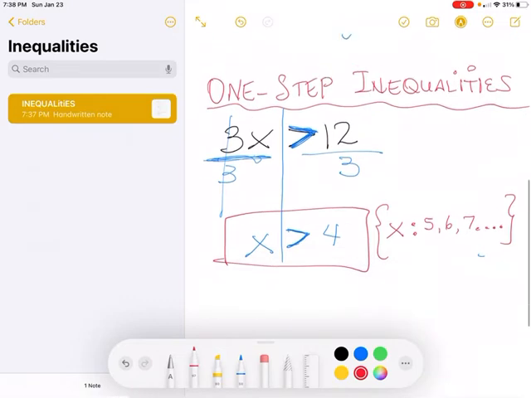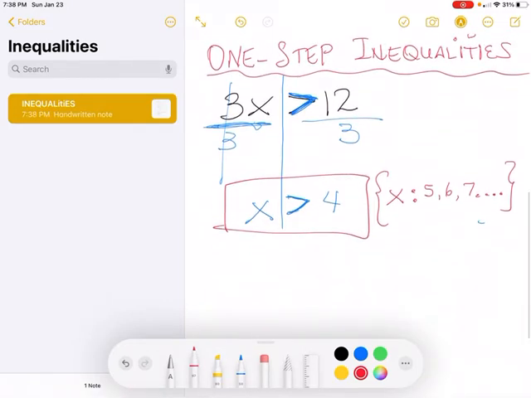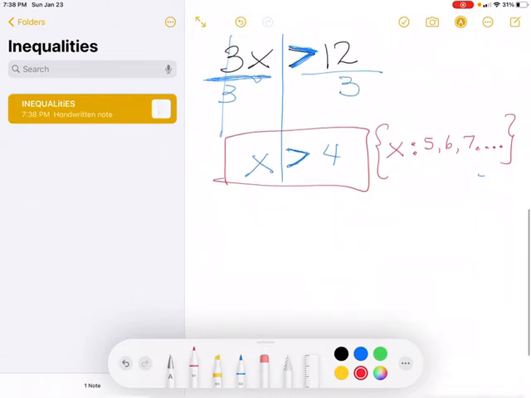Okay? So you guys need to understand the difference between equations and inequalities. And besides that, you are also responsible for learning how to graph this. And when you graph it, you do the number line. And if it's greater than 4, then I'm going to start on the positive side. 1, 2, 3, 4, 5, 6, just a few numbers.